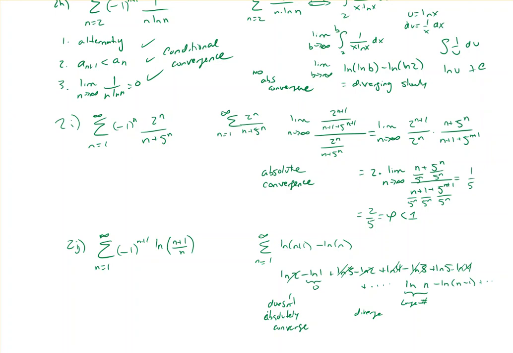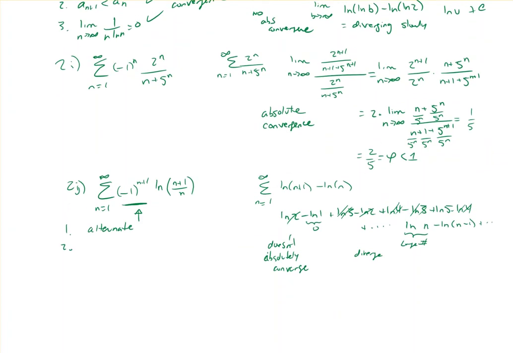But we have more work to do, right? We just proved that it doesn't absolutely converge. Now we have to ask, does this alternate? Well, yes, it does alternate. And this here is a giveaway. Ooh, what about this next one? I'm not so sure. Is it getting smaller every turn? I don't know. ln of 4/3, then the ln of 5/4, then the ln of 6/5, the ln of 7/6.